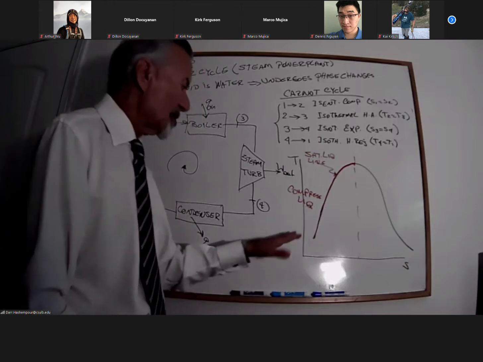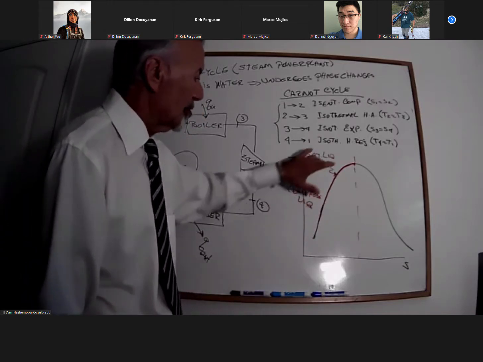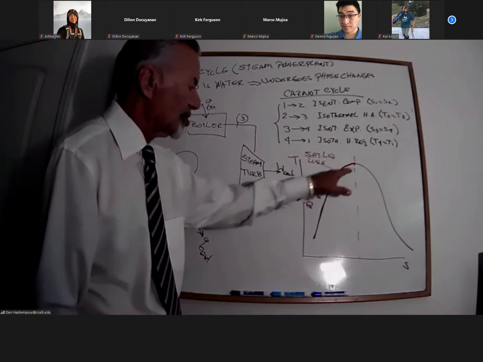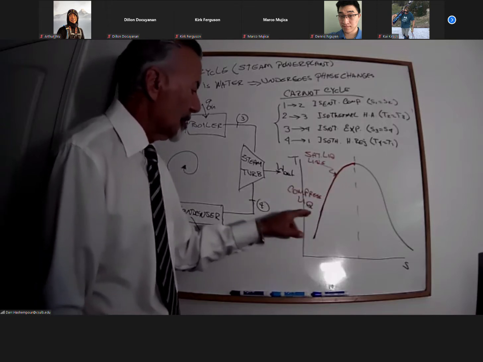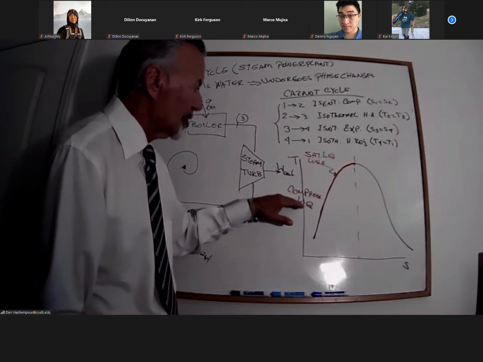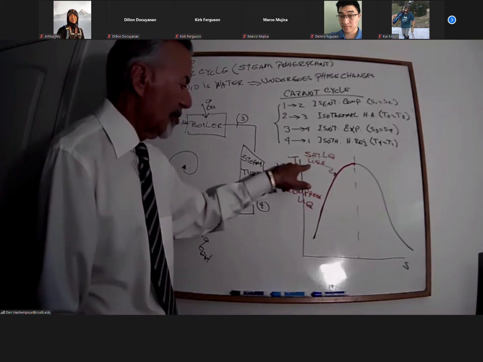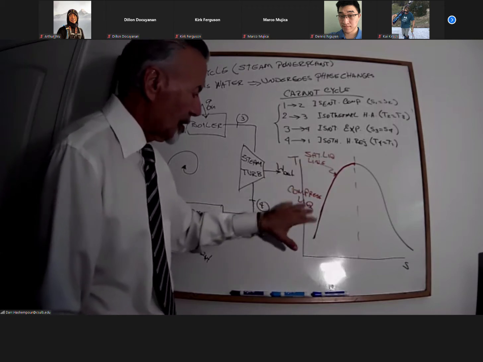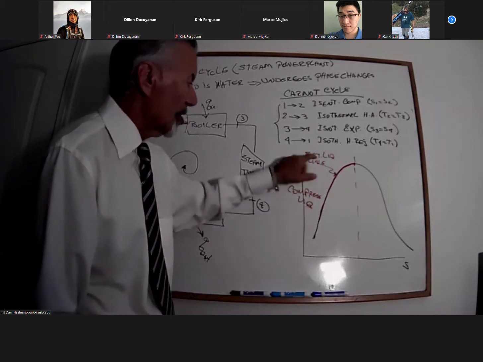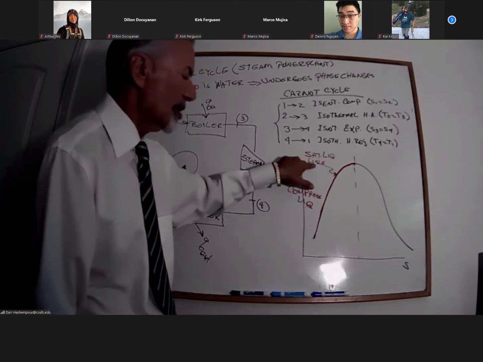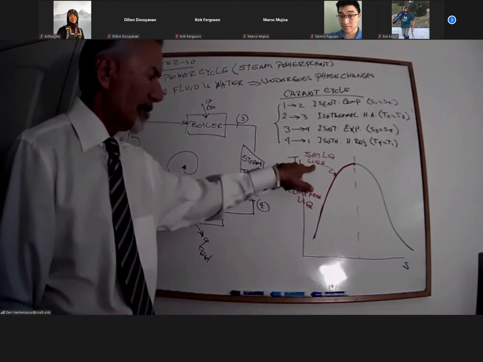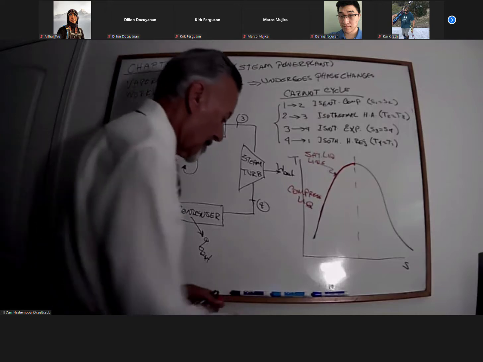So that's why we decided, instead of having 2 separate tables, one for saturated liquid and one for compressed liquid, we have only one table, and every point located on this side, we're all going to look at this saturated liquid table. That's just something that you know.